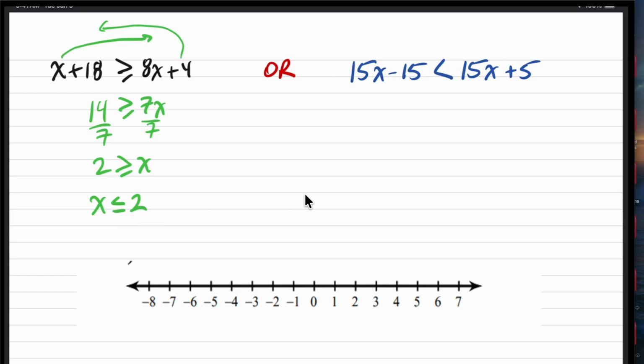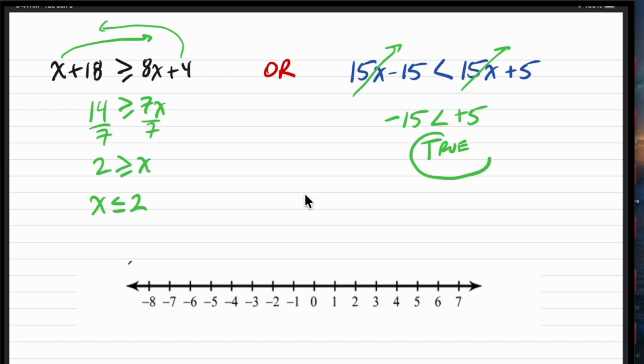Now moving over here, we immediately see that there's 15x on both sides. So if we subtract those, we have negative 15 is less than positive 5. This is a bizarre statement. The variable has been eliminated, but it's a true statement.